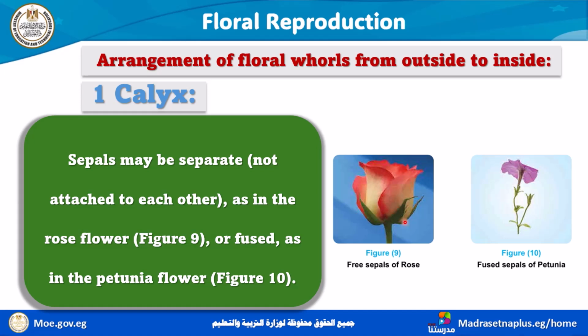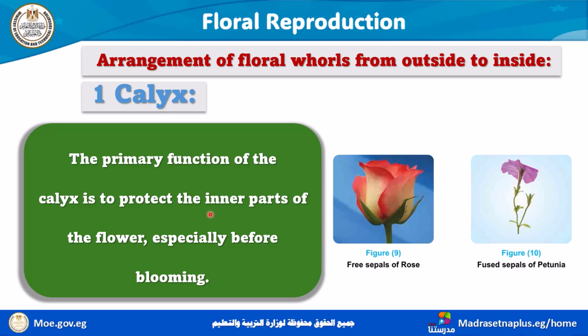They may be separated like in rose flower or fused together as in petunia. The primary function, and this is very important to know the function of each part of the flower, the primary function of the calyx is to protect the inner parts of the flower, especially before blooming.